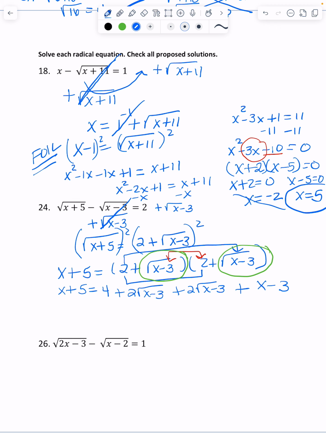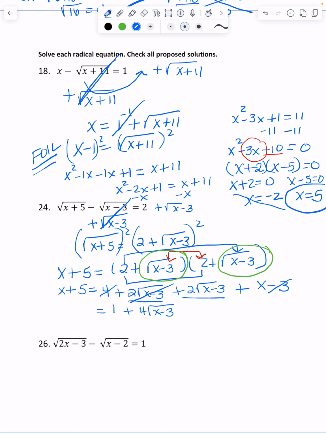So I have 4 and I have a negative 3, so I can add those together, and I get 1. These are like terms. If I was adding 2x and 2x, we add the numbers in front. That's exactly what I'm going to do here. 2 plus 2 is 4. I keep the same radical, just like it is.